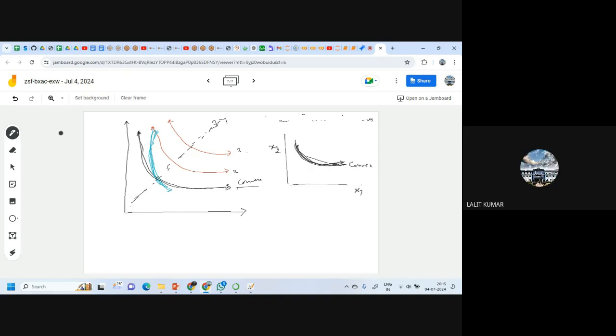It is not like this. So it means when we have two goods and we are preferring one over the other with a huge amount, not with a small amount also. Like here, you can have small amounts also. So this never happens, that x2 also increases and x1 also increases. You see in this case.